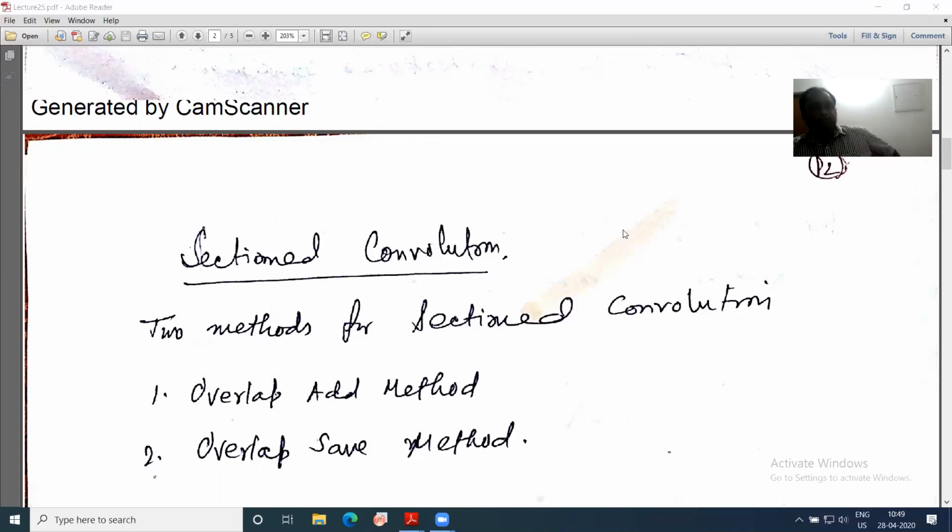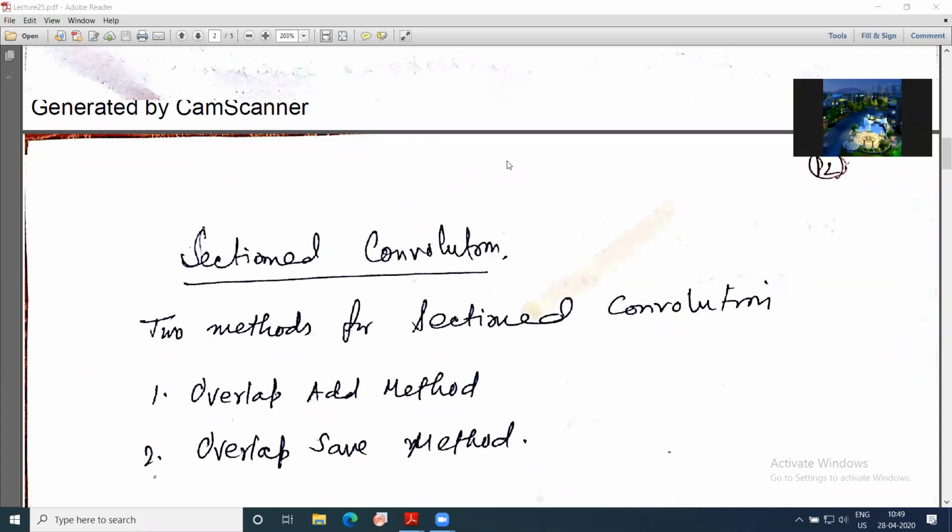to get the output. There are two types of convolution which I have discussed so far: one is linear convolution, another is circular convolution. In section convolution, there are two methods: the overlap add method and the overlap save method.